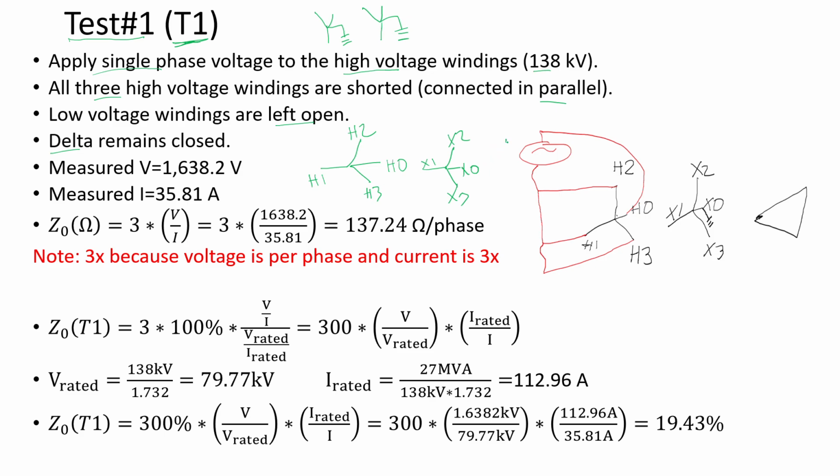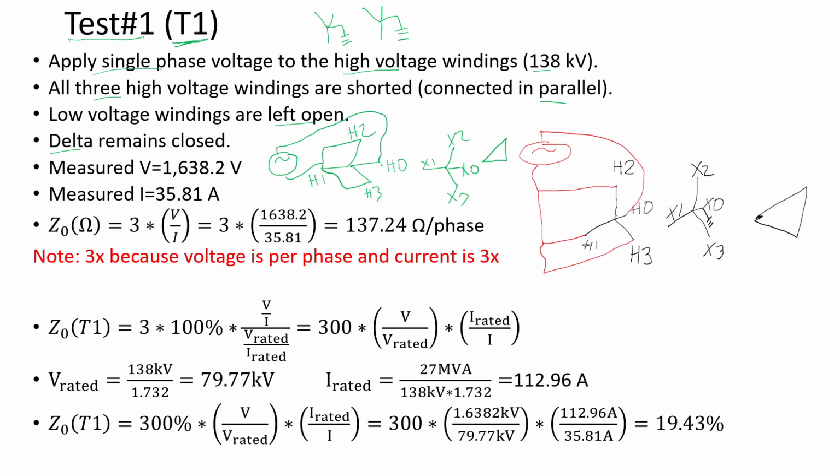Then you have the delta, the stabilizing winding. What you do is short the high voltage terminals, then apply single phase voltage from all the shorted windings to the H0.